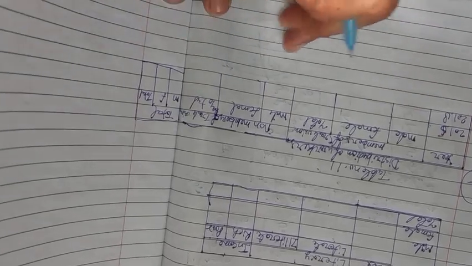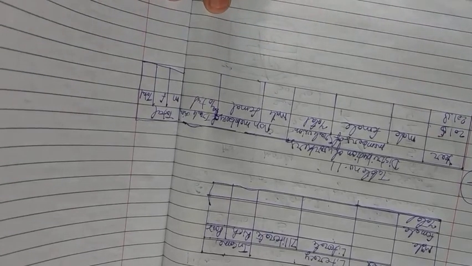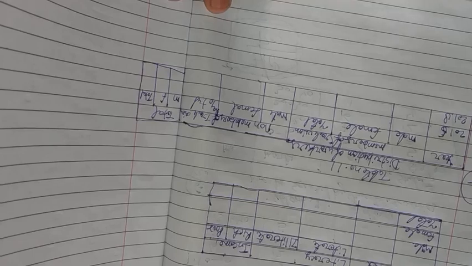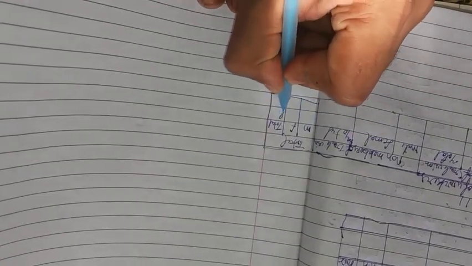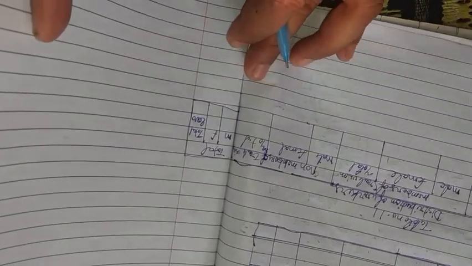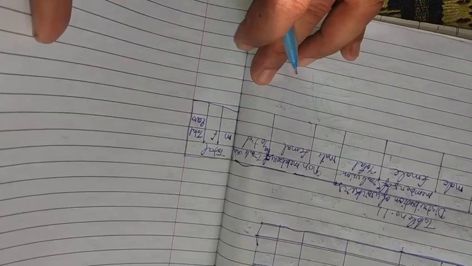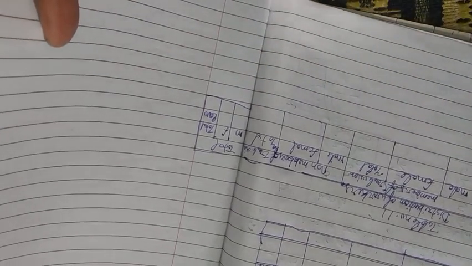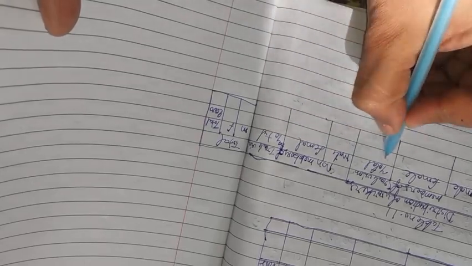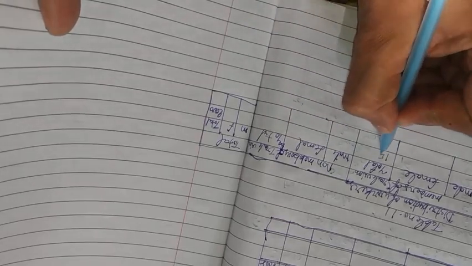Now in 2015, a total of 2000 workers were there in the factory. So we'll write 2000 here in the total column. Out of these, 1550 were the members of trade union. So total members of trade union were 1550.